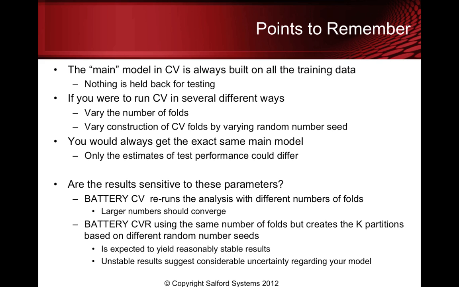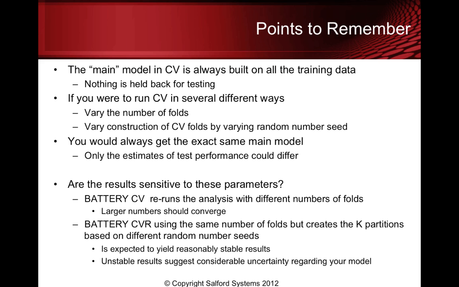So, points to remember. The main model in CV is always built on all the training data. There is nothing held back for testing. When we build that model, which is before we build the CV models, we have no idea what the test performance of that main tree or that main model is going to be.